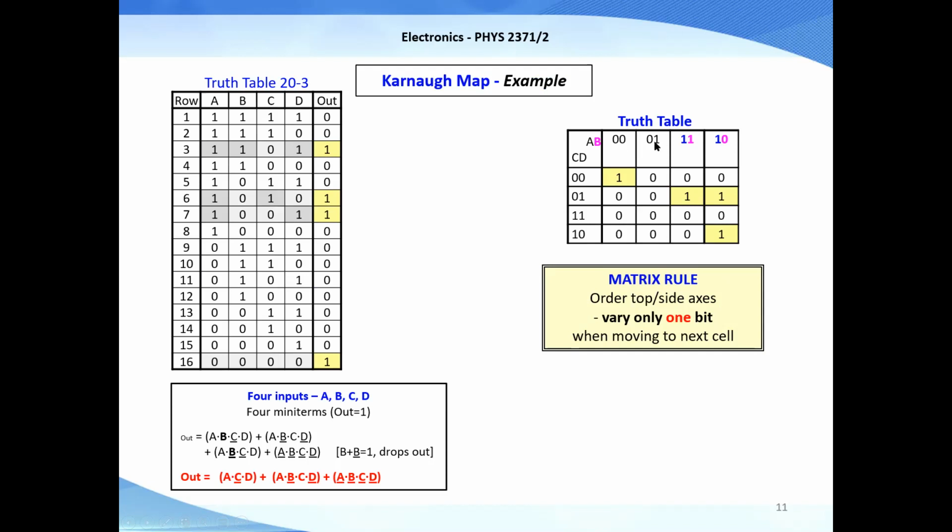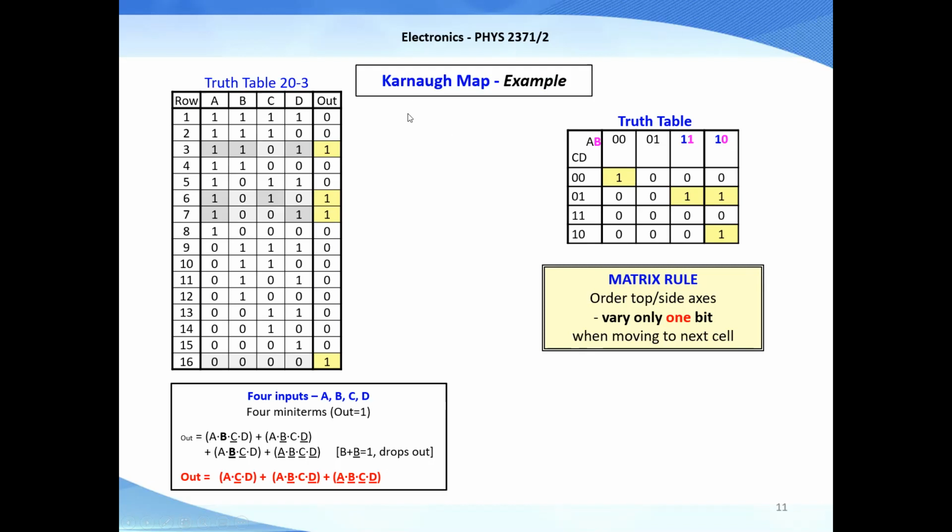I want to change this 0 to a 1 in the adjacent column, so I get this 1, 1. And then I don't want to change this 1 to a 0, because I'd go back that way, so I want to change this 1 here to a 0. So I have all 4 possibilities: 0, 0, 0, 1, 1, 1, 1, 0. But each time you go to an adjacent column, you're only changing the bit by 1. That's very important when you set this up.